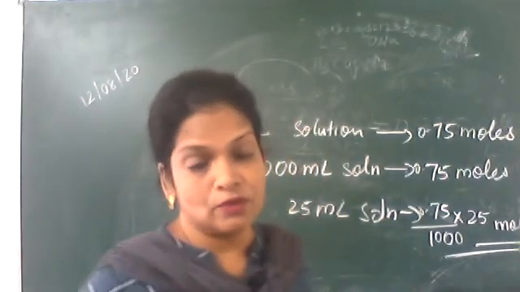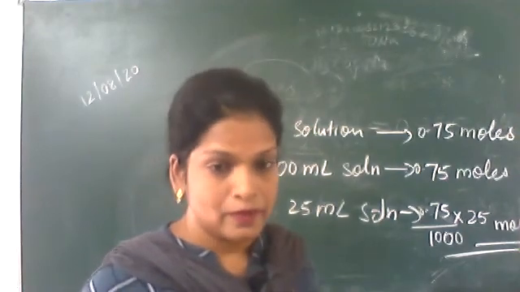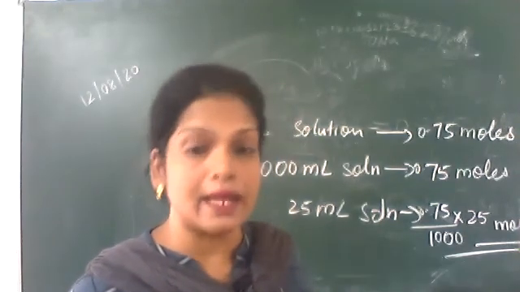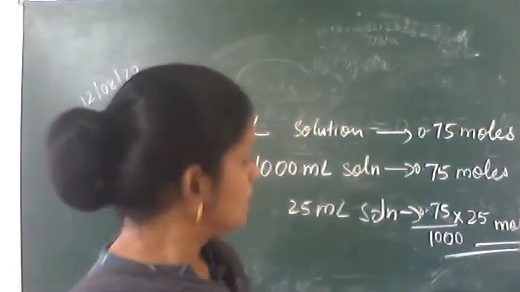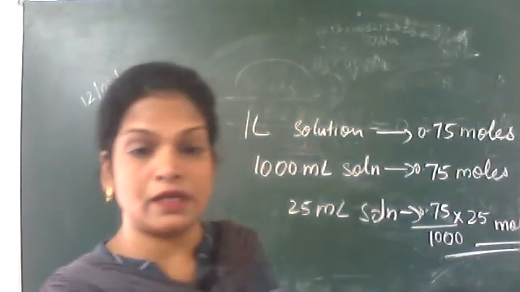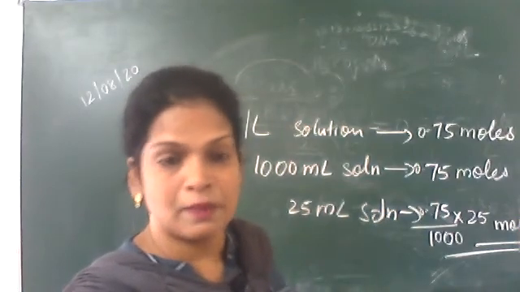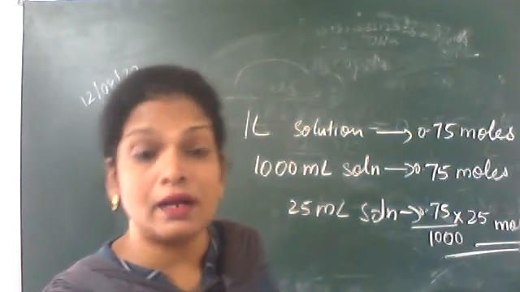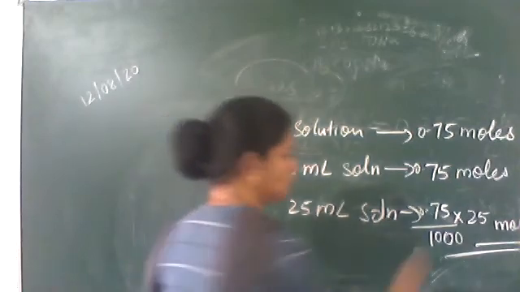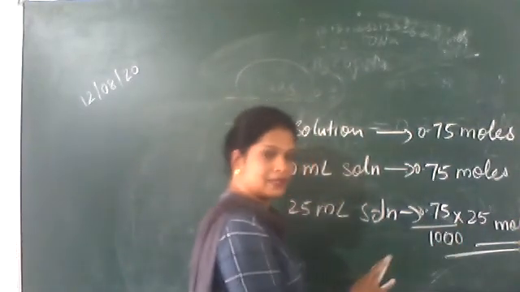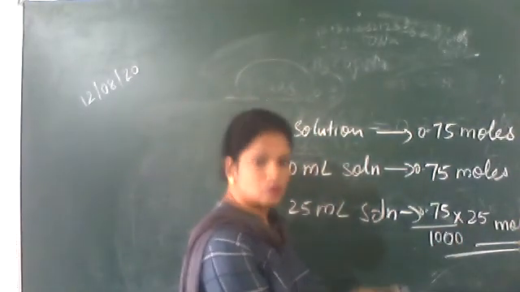These many moles, this is the amount of HCl. Or if you want to show in grams, you can do it. Moles को mass में कैसे convert कर सकते हैं? Multiply by its molar mass. So you can leave the answer here in moles.